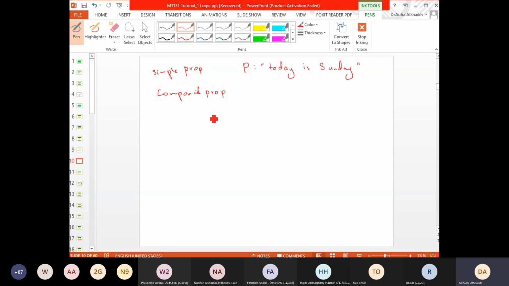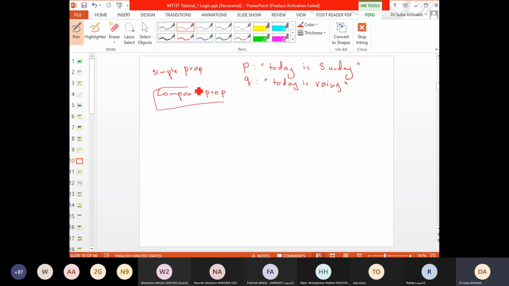Now the proposition can be compound. Let me give you another example. Like Q, today is raining. So P is one simple proposition. Q is one simple proposition.